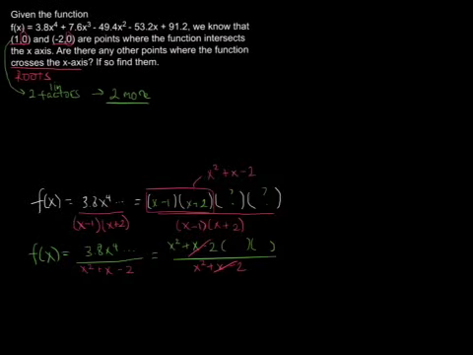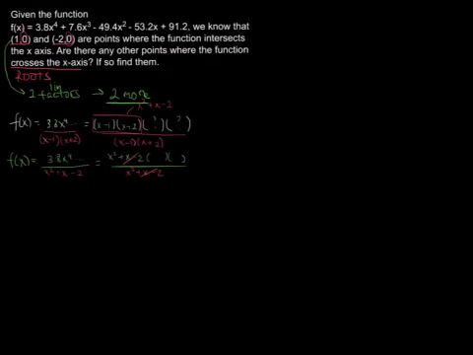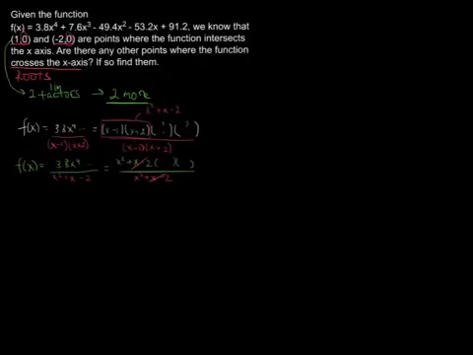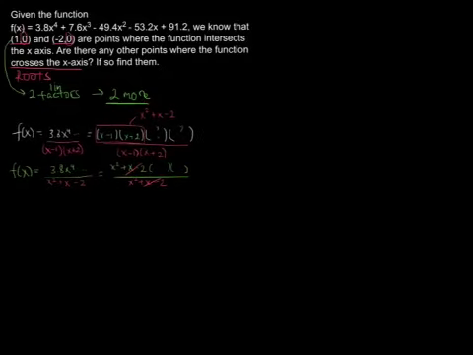Let me give us a little space here. What we need to do is we need to now divide. So what we're going to have is our two missing factors, and on the other side we're going to have to actually divide this polynomial.